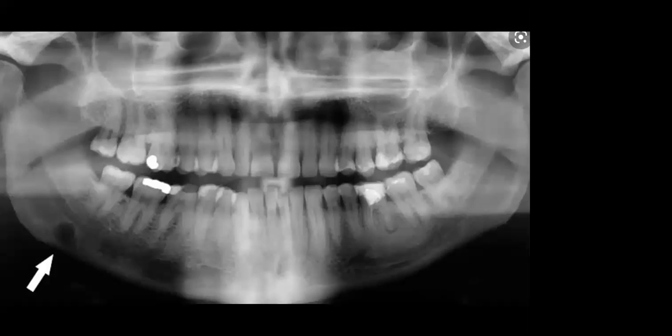Yes, excision along with the gland. This picture shows a radiolucent area in the lower jaw. It is nothing but the Stafne bone cyst. It is an ectopic salivary gland. The most common site of ectopic salivary gland is the lower jaw. So this is also an important question. They will be frequently asking this question.